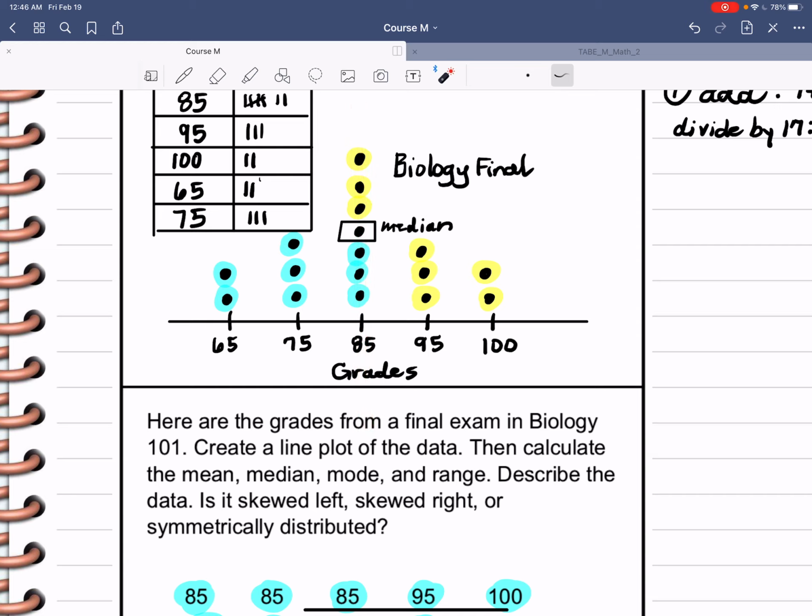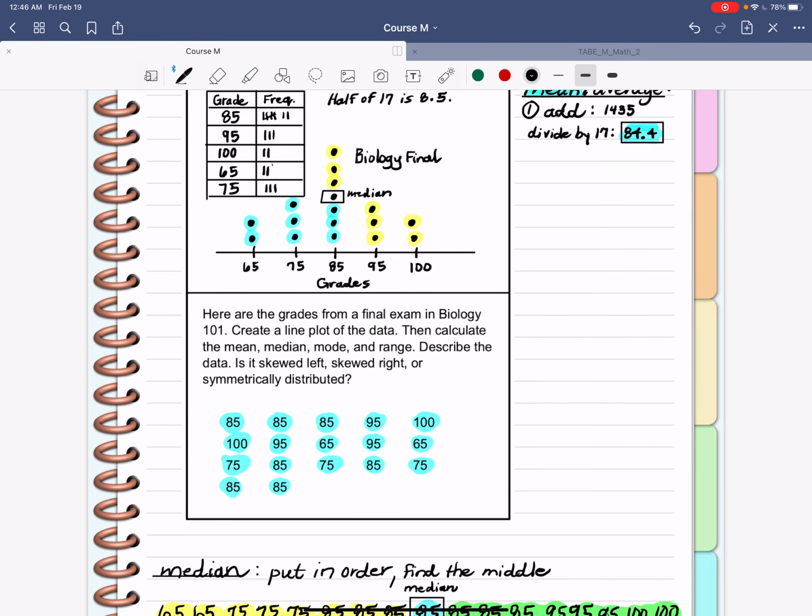It has 2, then 3s, and then 7s. You see that pattern is very symmetrical. It's lined up. So we would say that this graph has a symmetrical distribution.